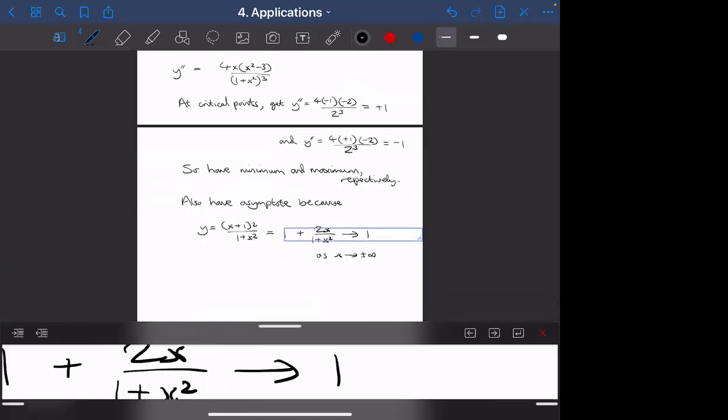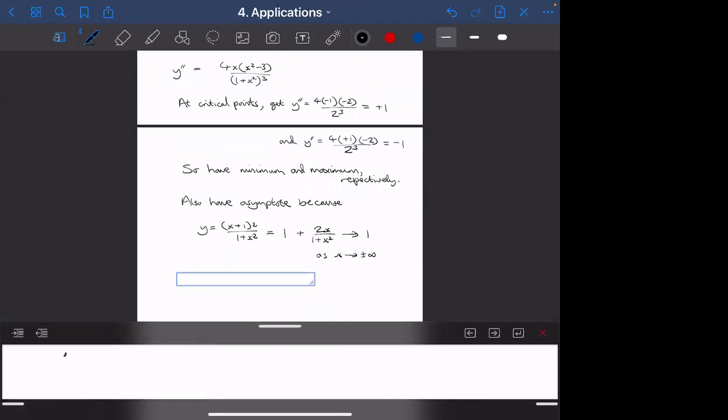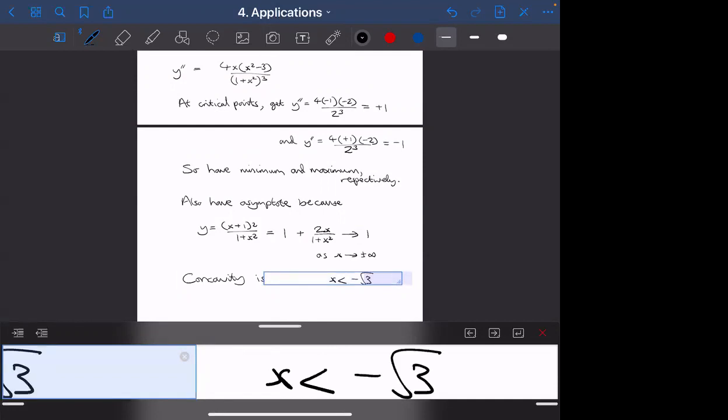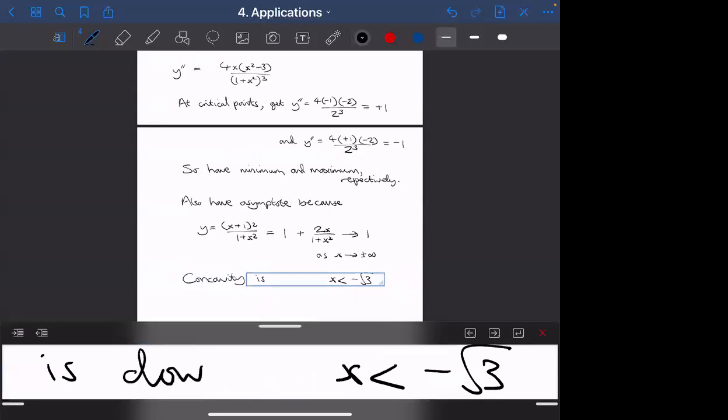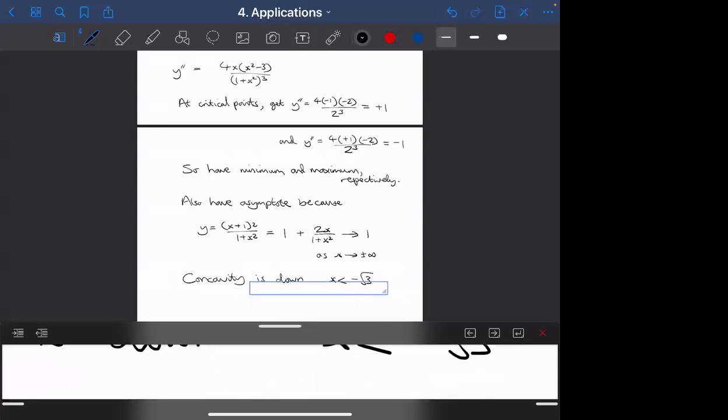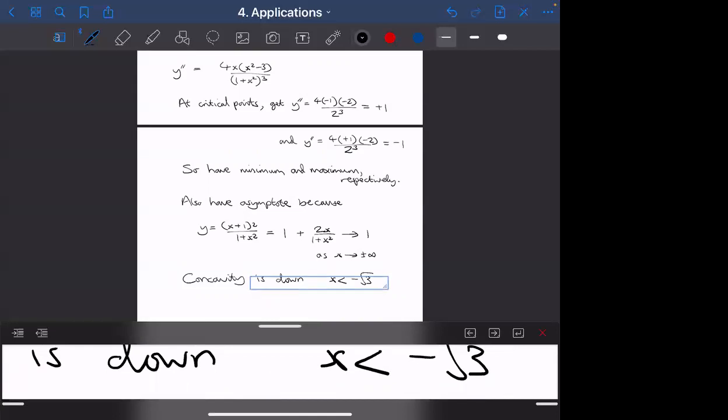And now we can also see the concavity from this function y prime prime. So for x less than minus square root of 3, the numerator of y prime prime is negative. Concavity is down for this. Did I get that right?